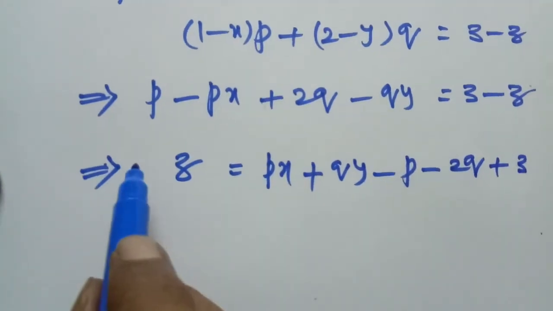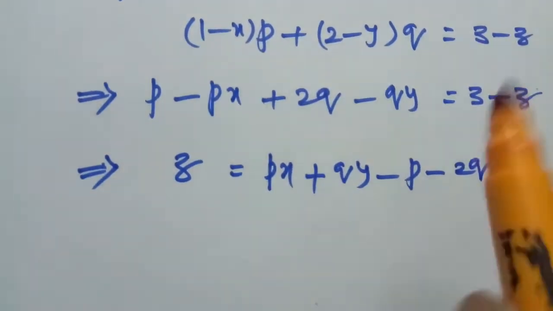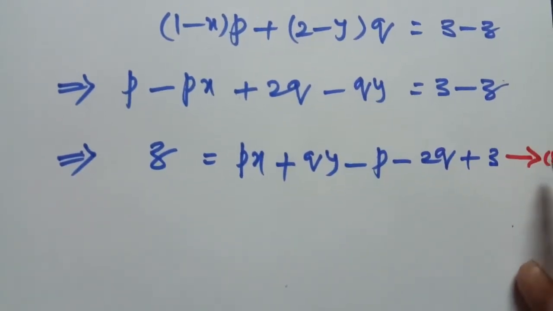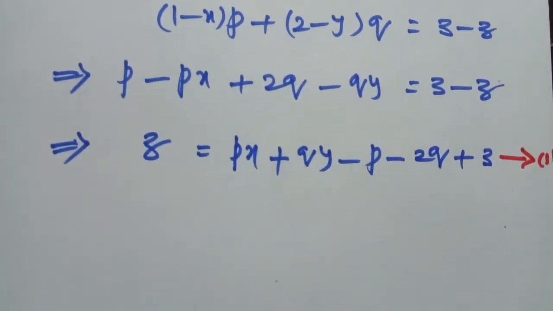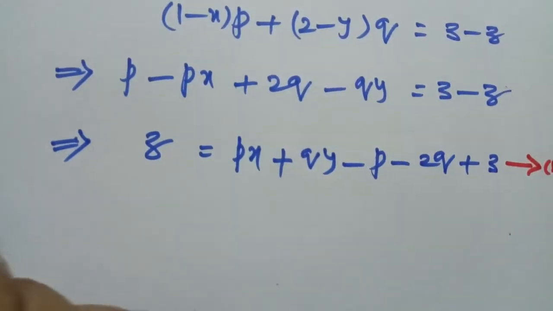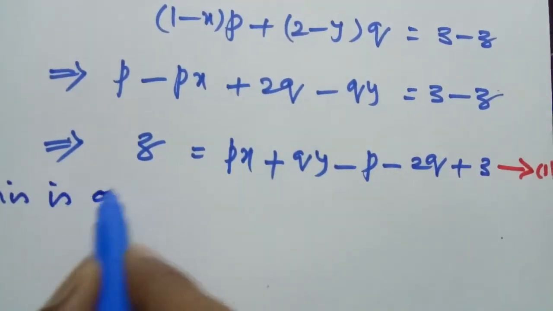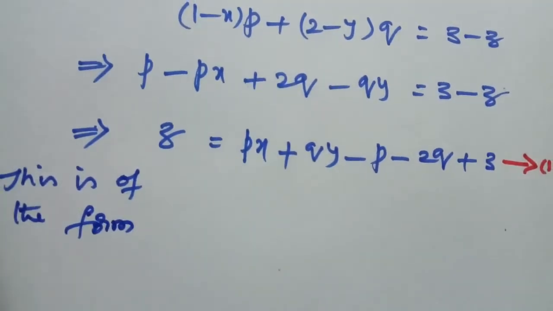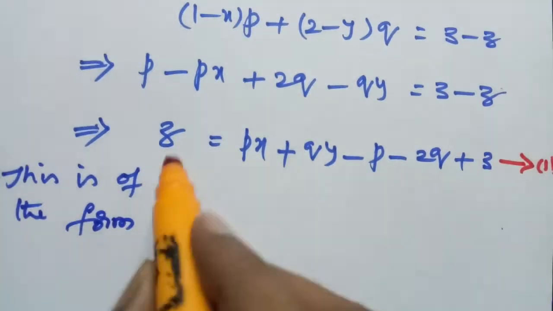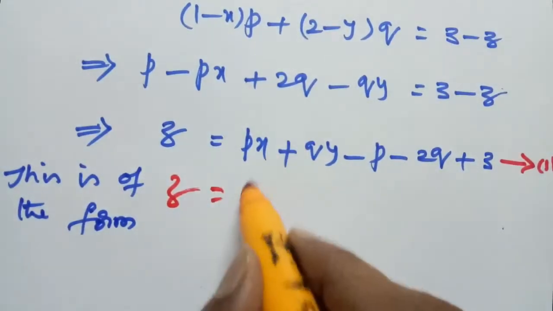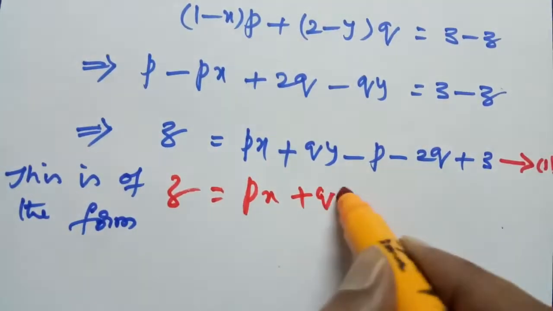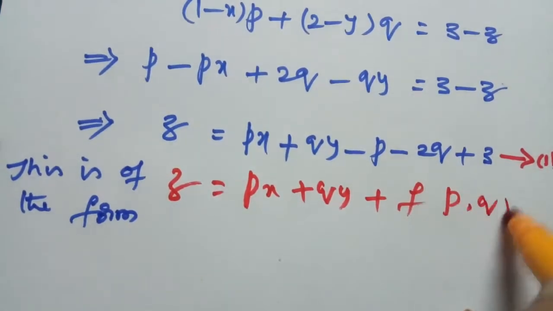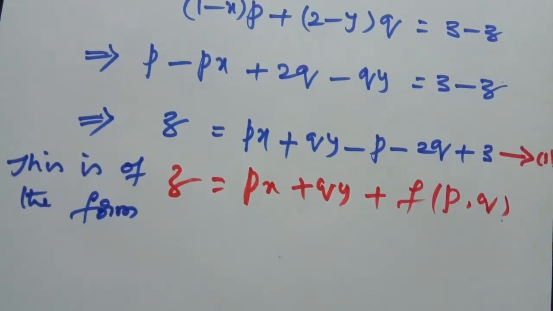Say this is equation number 1 and compare this equation with the standard form. Therefore, this is of the form z is equal to px plus qy plus f of p comma q.